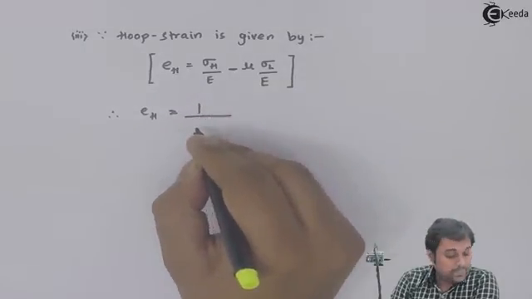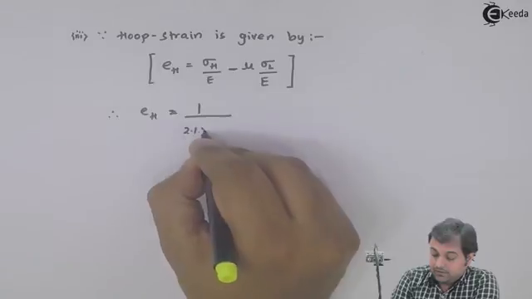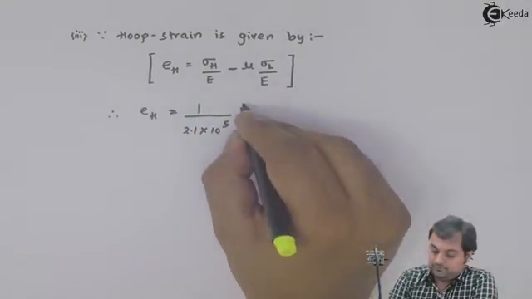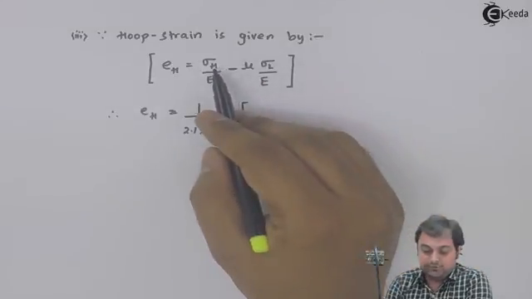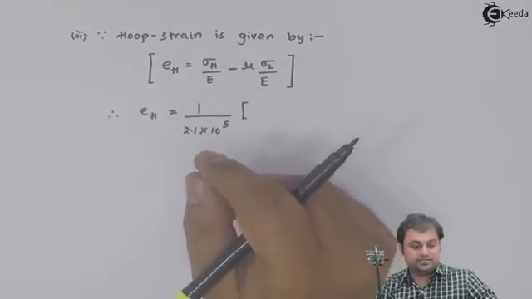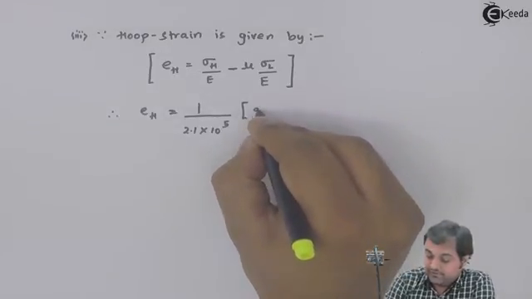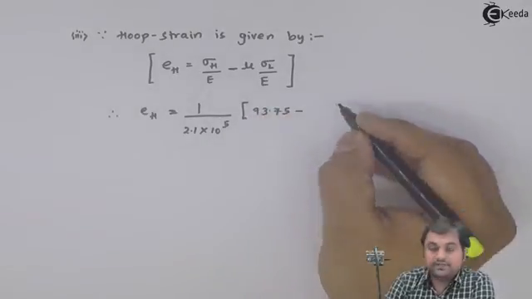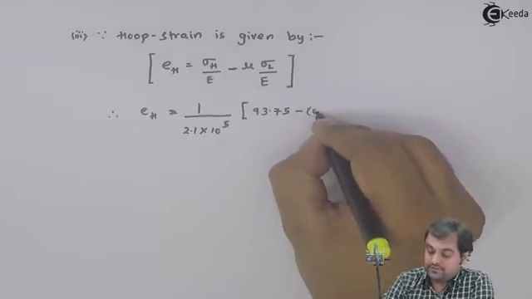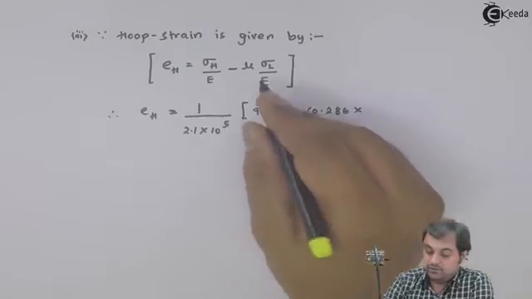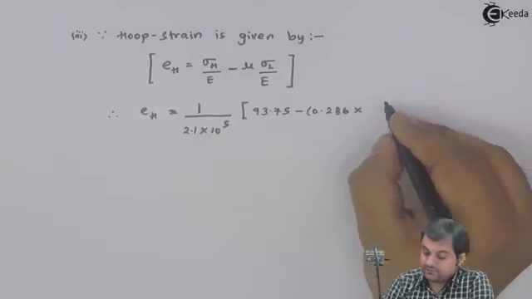and putting the value of E, which is 2.1 into 10 raised to 5. Here I have taken Young's modulus common, into bracket hoop stress. Our first answer of hoop stress was 93.75, minus mu, which is 0.286 given, into longitudinal stress, which was 46.88.